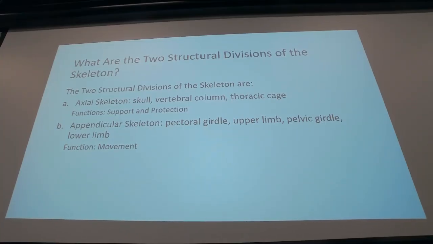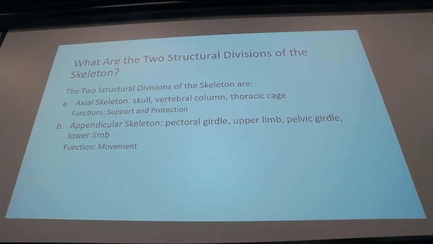And then, for the appendicular skeleton, which includes the bones of the pectoral girdle, upper limb bones, pelvic girdle, and lower limb bones, our limbs, we use them to manipulate the environment and also to locomote, to move. So in this case, this is a highly movable skeleton. While the axial skeleton, where it has to move, it moves, but limited movement.